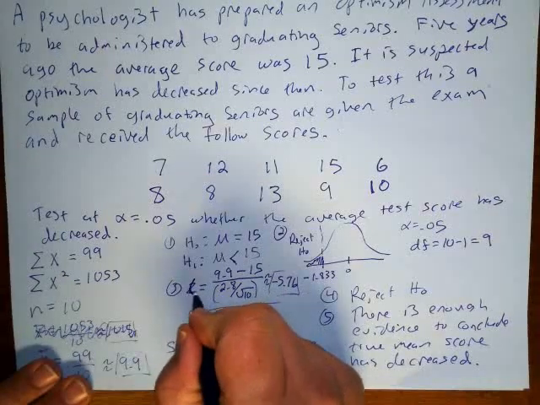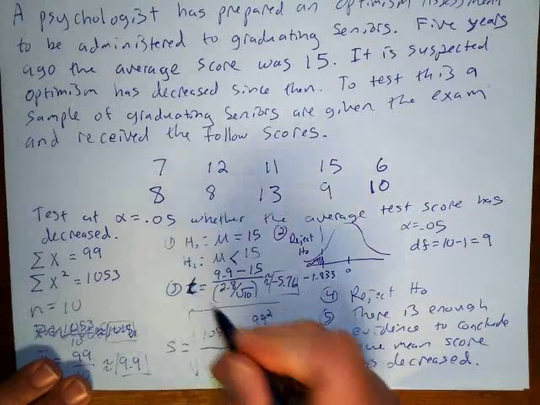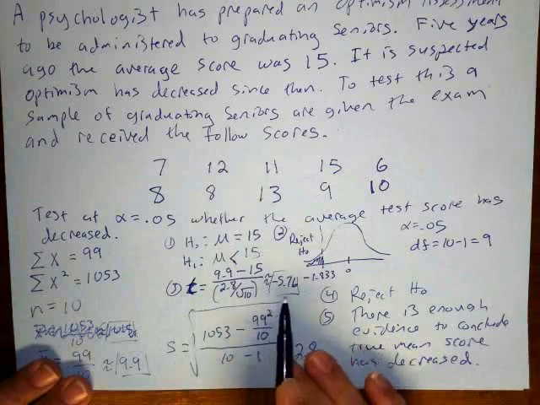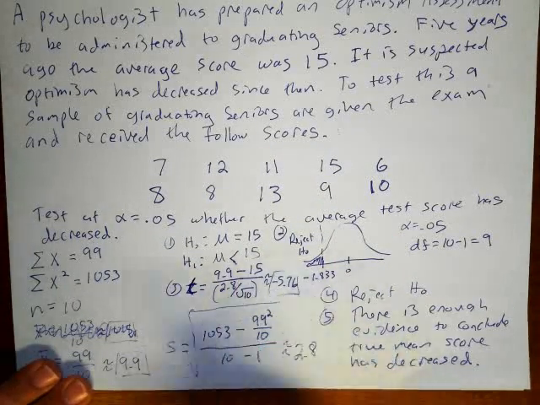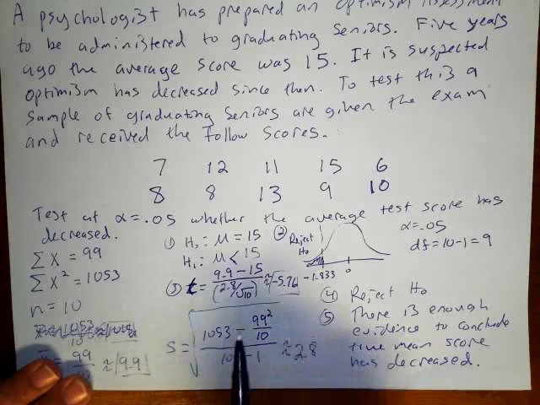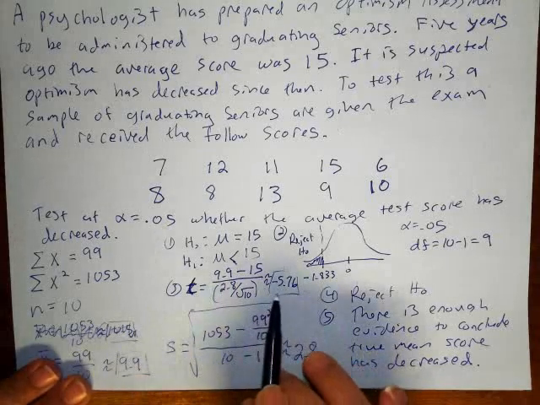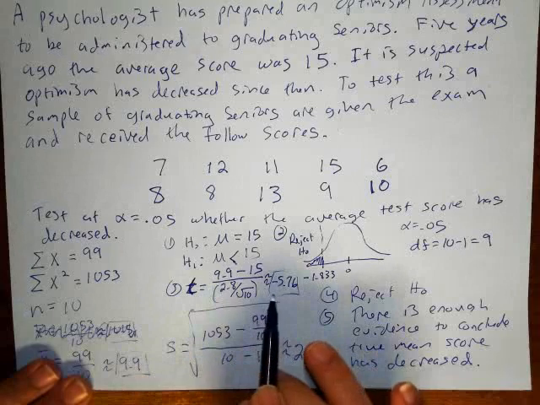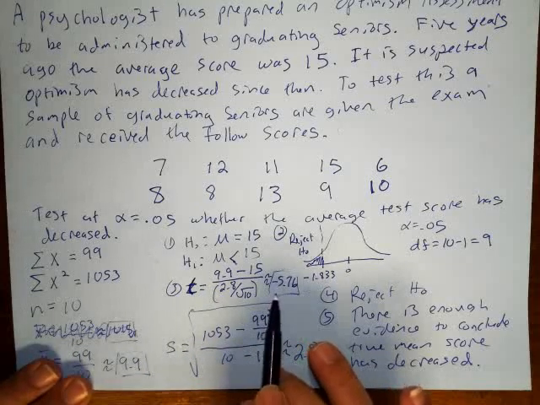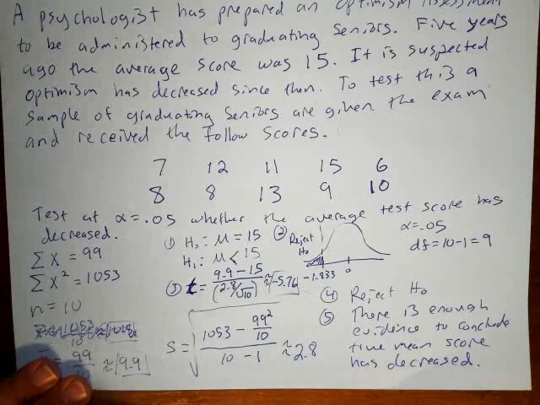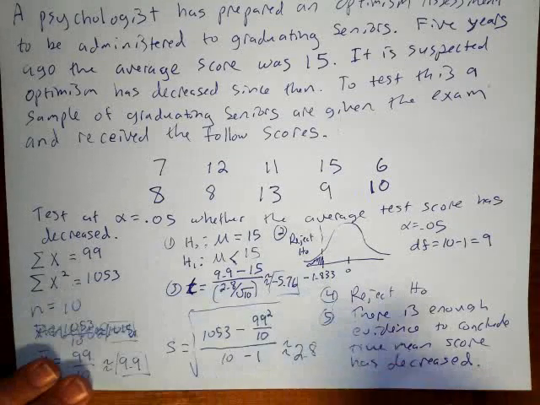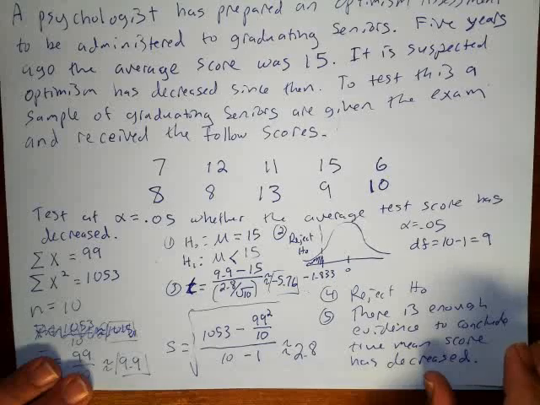This should be T. My test statistic is way into the rejection region, so I really have more than enough evidence. This is what you really like to see when you're performing a test, because then you know for sure you have enough evidence to reject. And in this case, I do. So there you go.